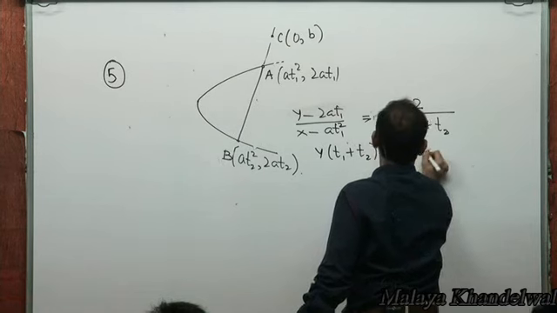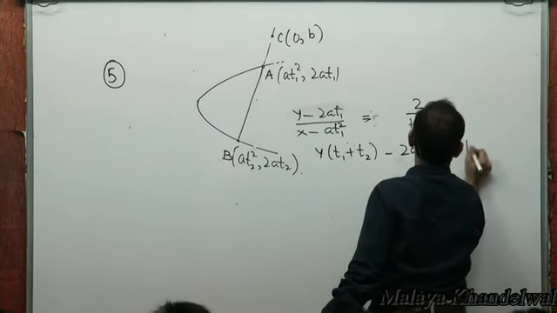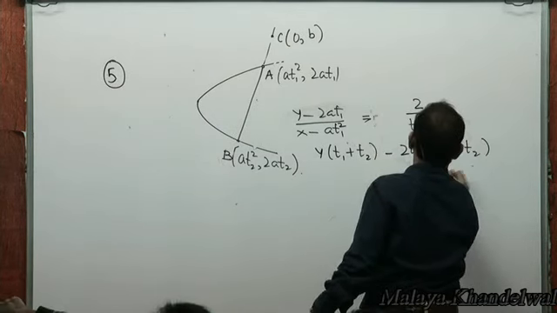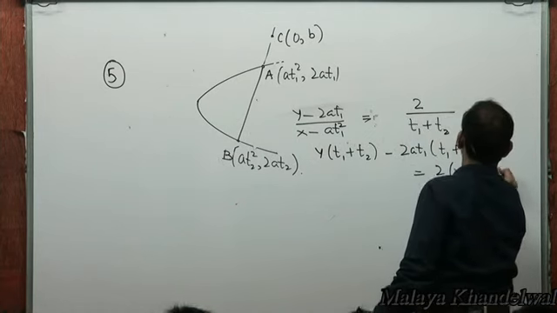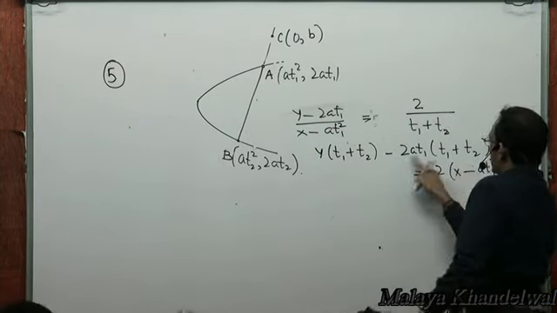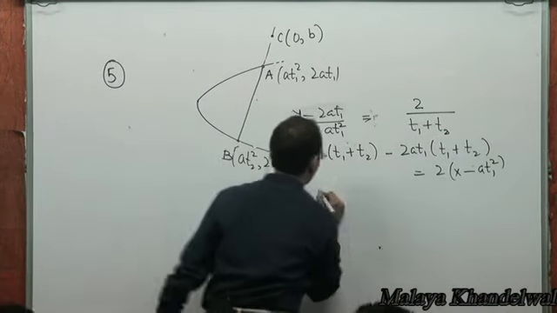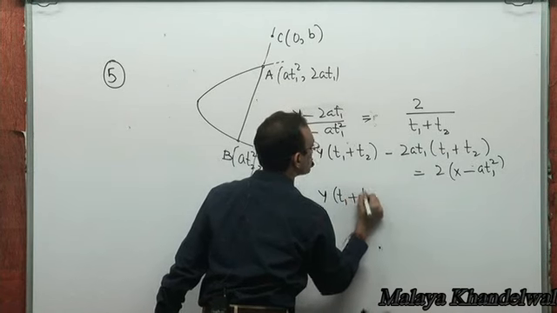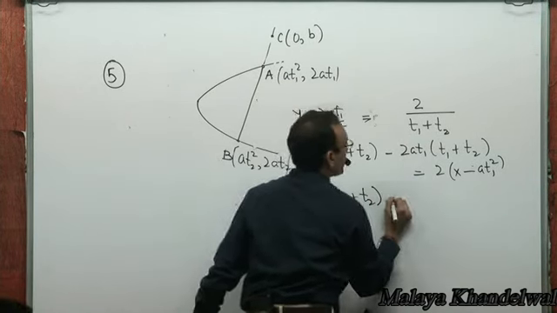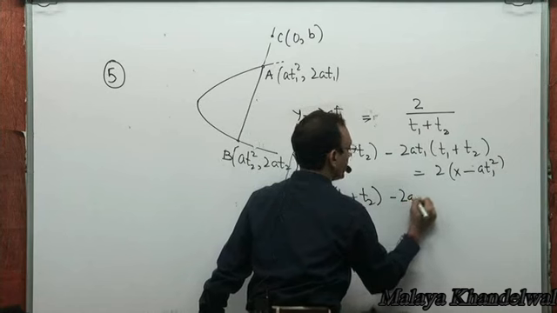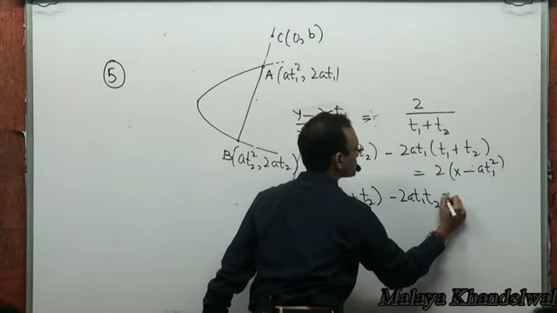minus 2at1 into t1 plus t2 equals 2 into x minus at1 squared. Minus 2at1 squared, minus 2at1 squared would cancel from both sides. Do you see that? So you have y into t1 plus t2 minus 2at1 t2 is 2x.